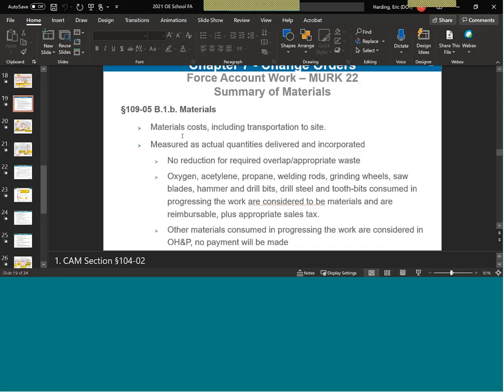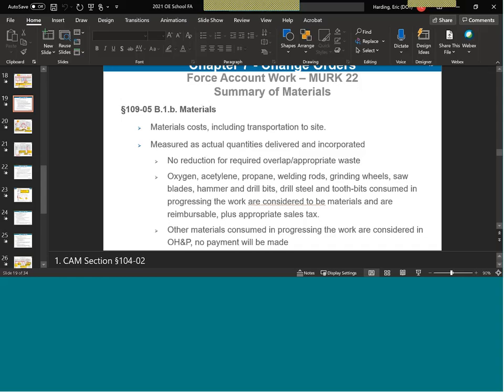Now, these quantities should be measured as actual quantities delivered and incorporated. No reduction for required overlap or waste. I think we talked about this a little bit before about not having any strictly defined pay lines, such as you would on your original contract plans or standard sheets.